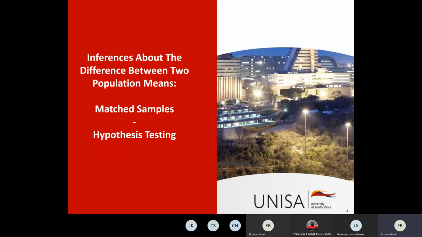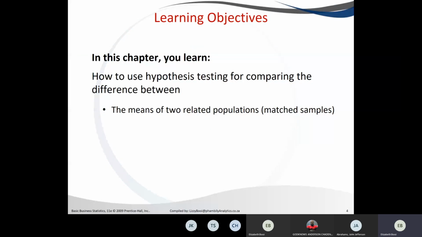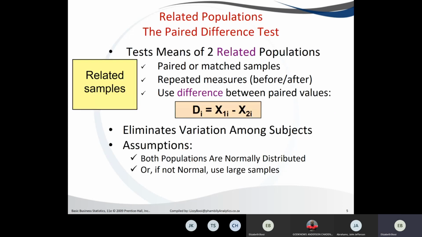Okay, so let's look at hypothesis testing of the means when we have two related populations that are matched. Because they are paired, you will have observations that come from both populations. We will take the difference between the two, and we will have your X difference, which we will use for any calculation of the test statistic.